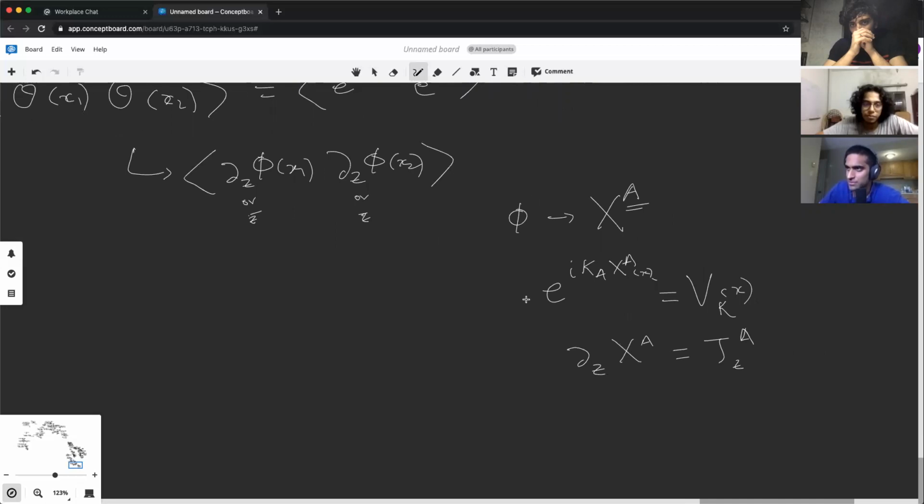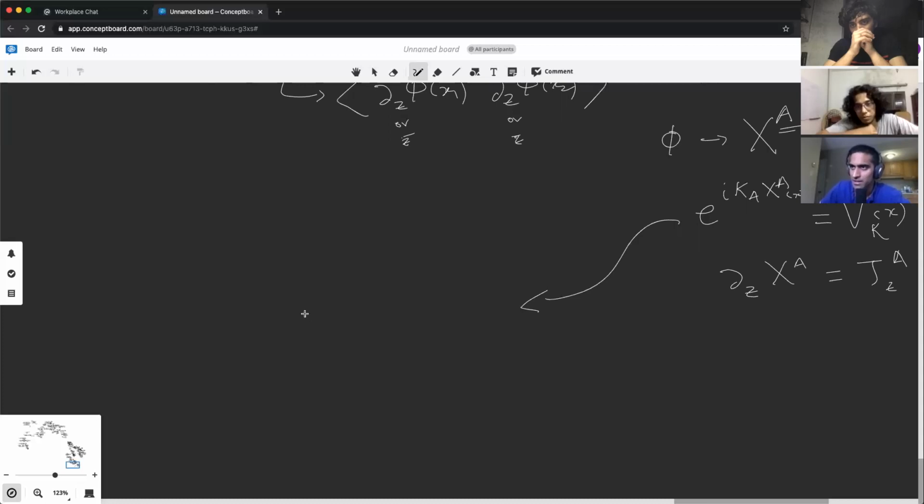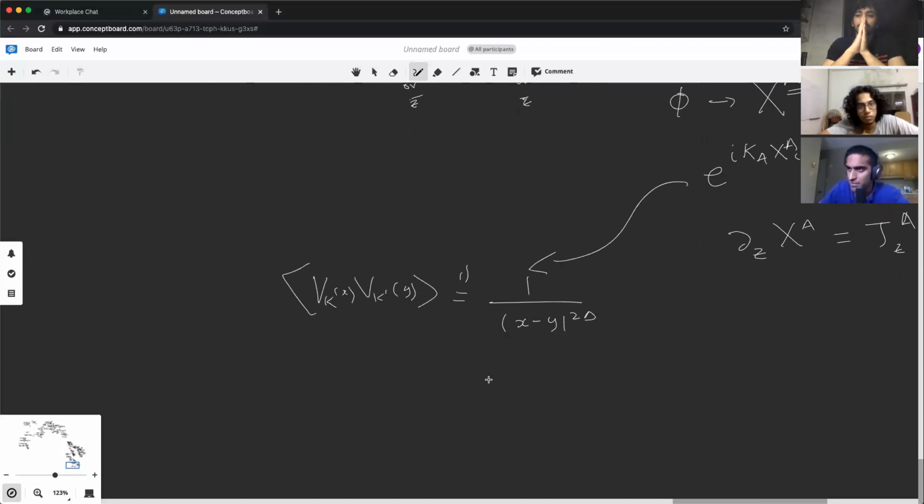Then this is what's interesting. You find that the property that the 2-point function of V_k and V_k' at x and y, for this to be non-zero, if this is of the form 1 over x minus y to the power of 2 delta, this can happen only if k squared equals some m squared.